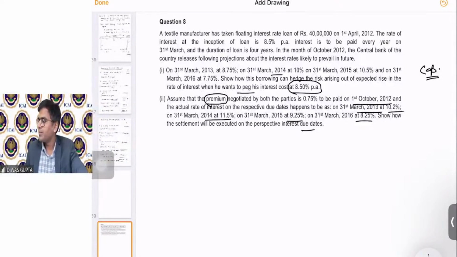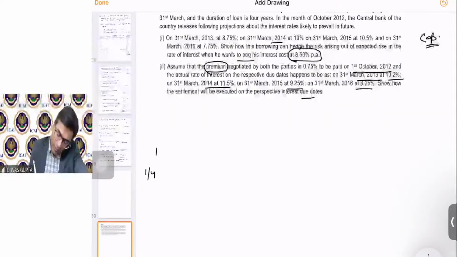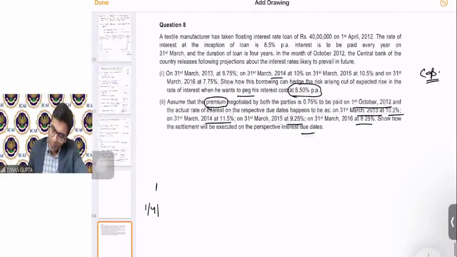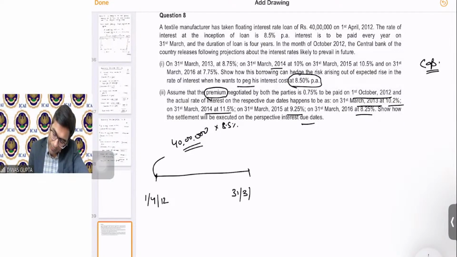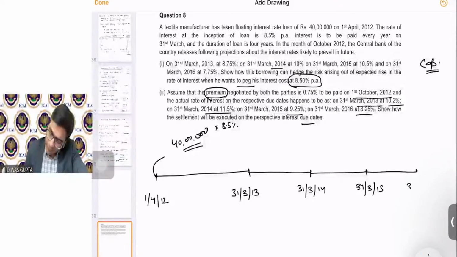due dates. So first of all, students, this question is saying that on 1st of April 2012, the textile manufacturer has borrowed at 8.5%. Now let's take 31st March 13, 31st March 14, 31st March 15, 31st March 16.